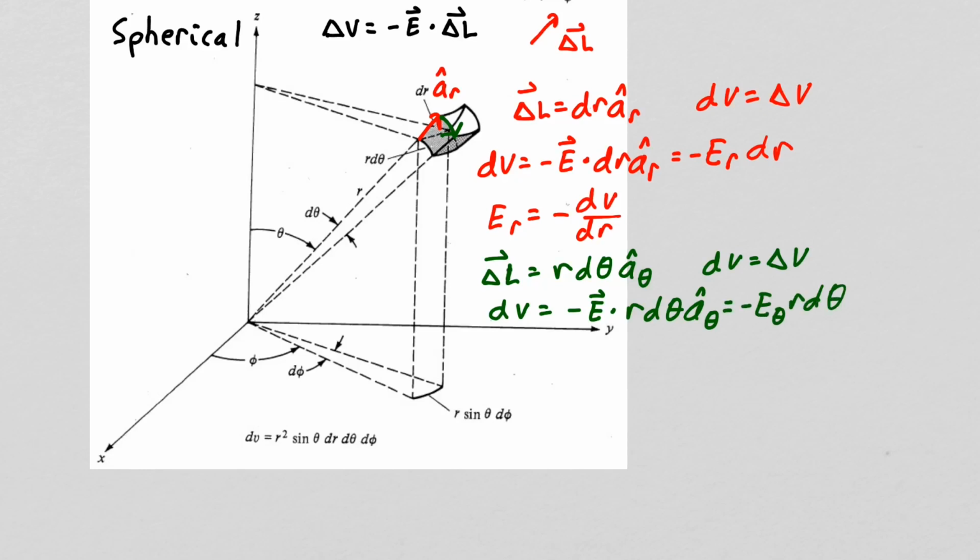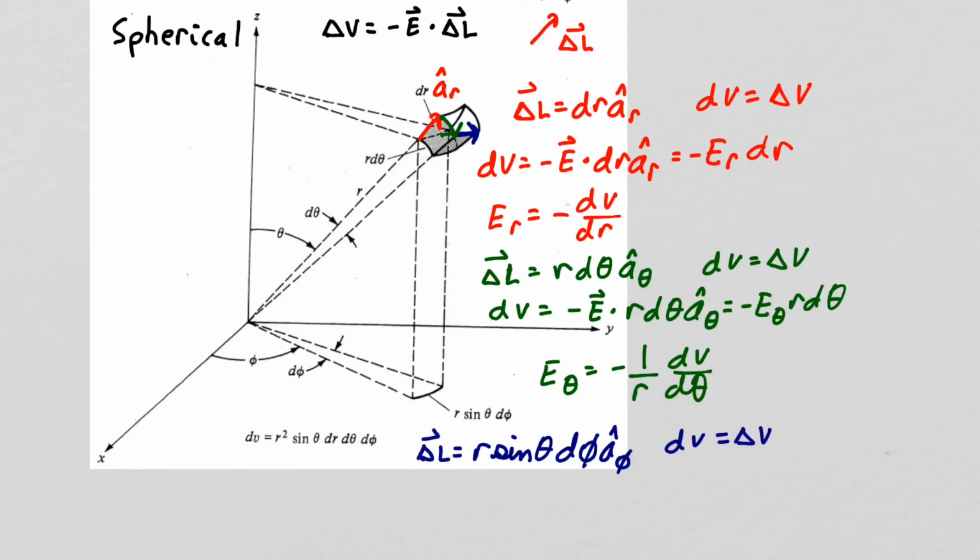We now adjust our voltage probe to be of length r sine of theta d phi in the phi direction, and the drop across the probe will be dV. Again, substituting for delta V and delta L, we'll have a dot product between the electric field intensity and the unit vector in the phi direction, which will just give us the phi component of the electric field intensity.